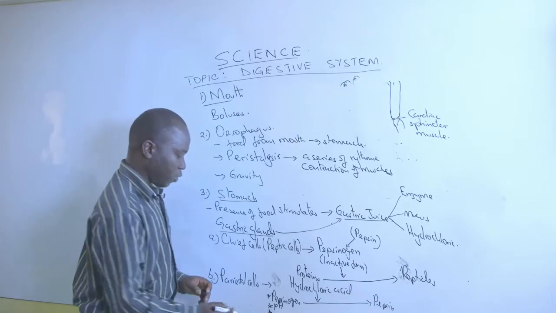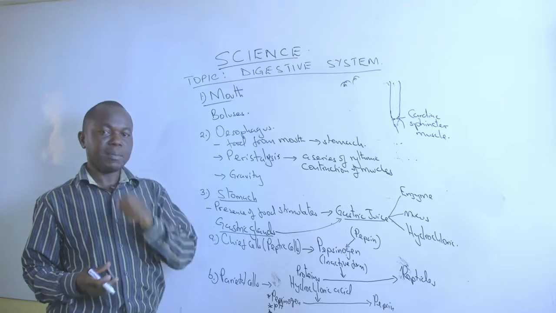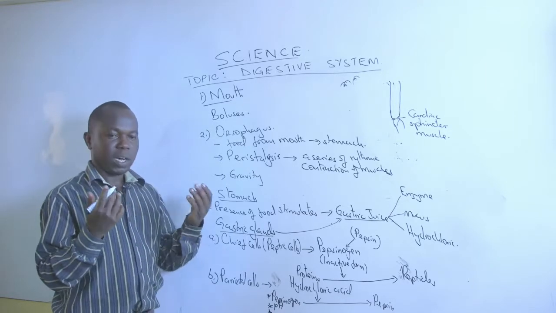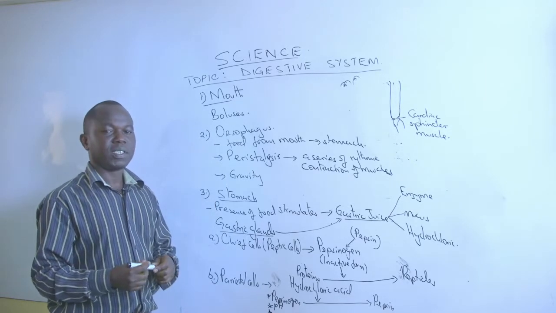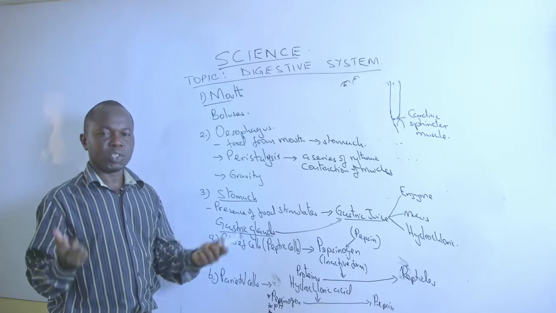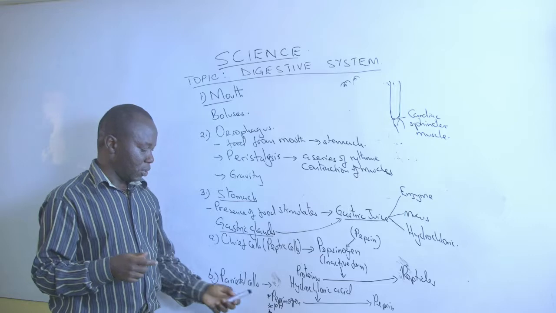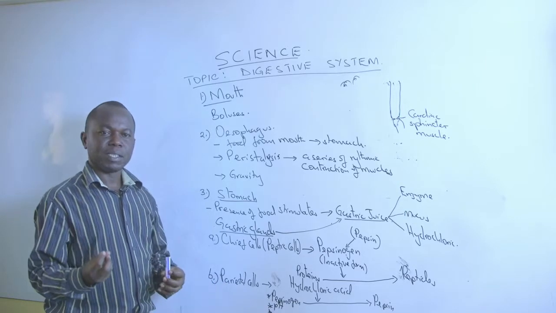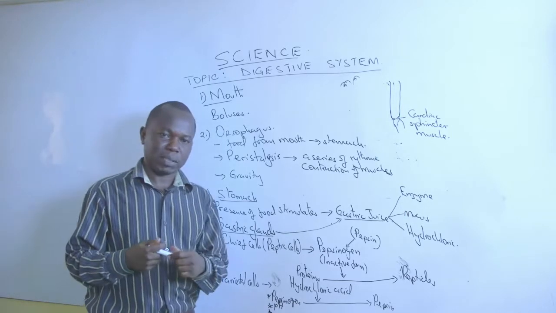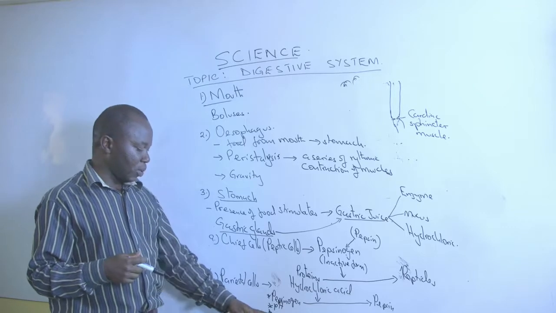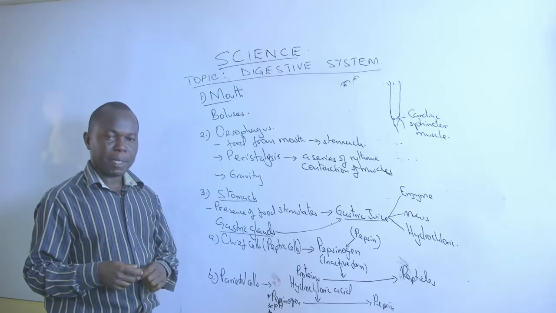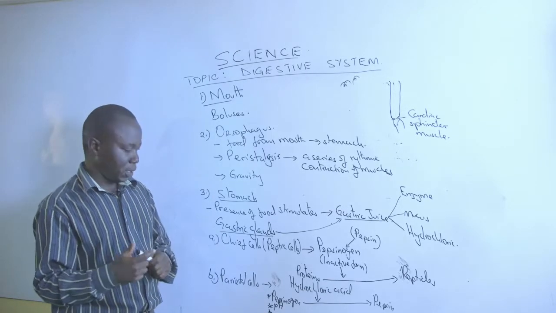Another function of hydrochloric acid: sometimes you have ingested food that was not prepared to correct hygienic standards. Because of that, it could be contaminated with microorganisms. So it will be swallowed into the stomach, but most of the time you will not get sick.